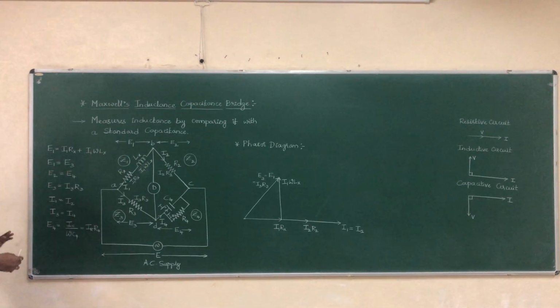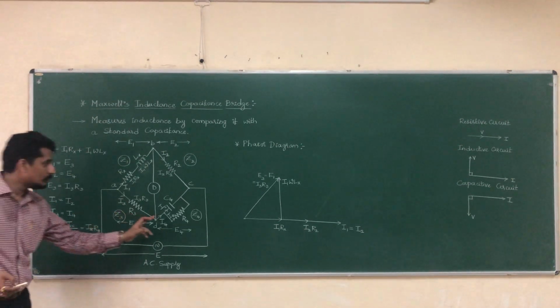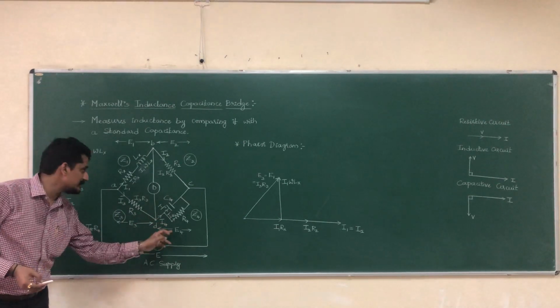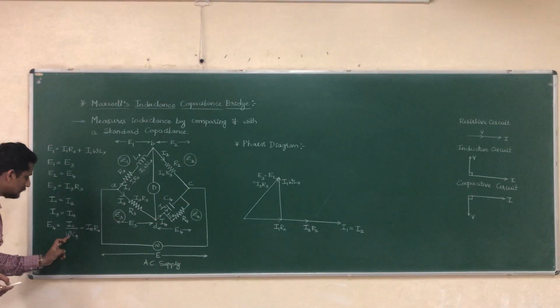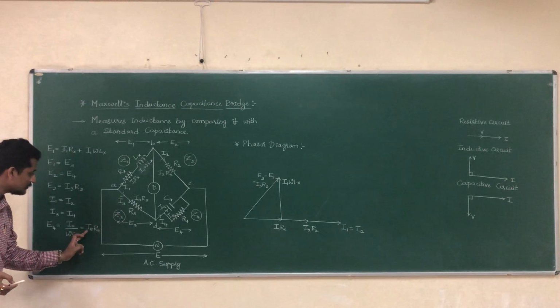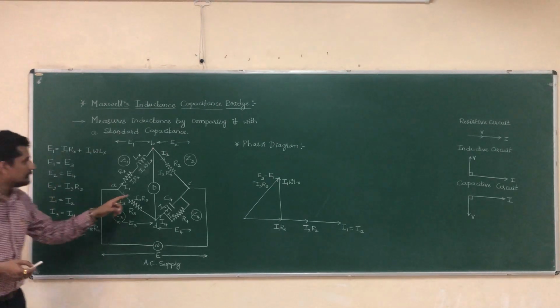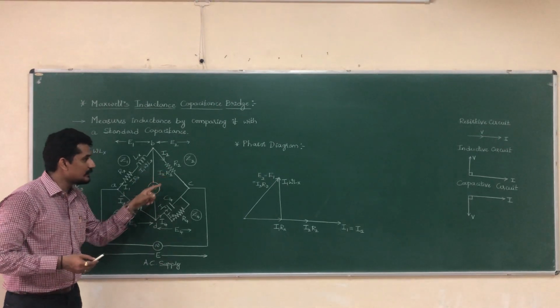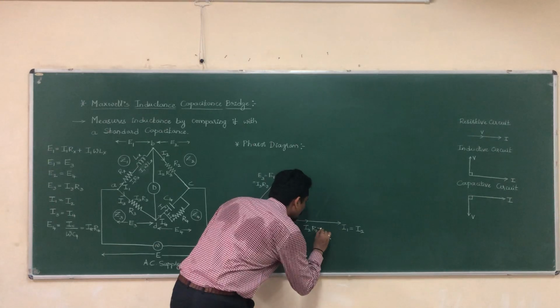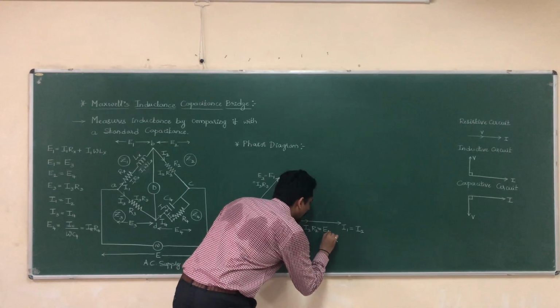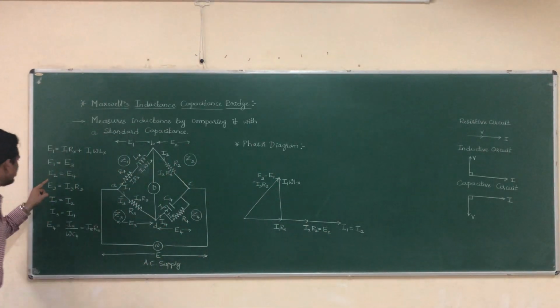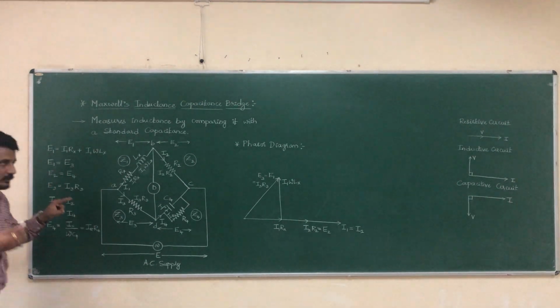We know the voltage drop across E4 is IC upon omega C4, which is also equal to IR R4. We know that the voltage drop I2 R2 is equal to E2, and E2 is also equal to E4.